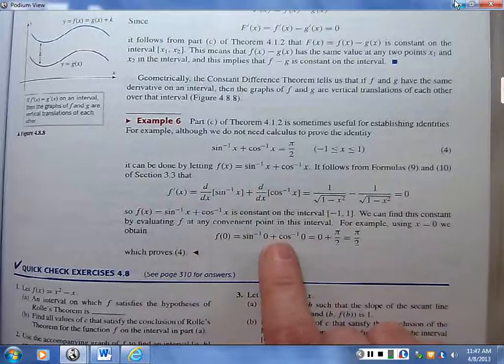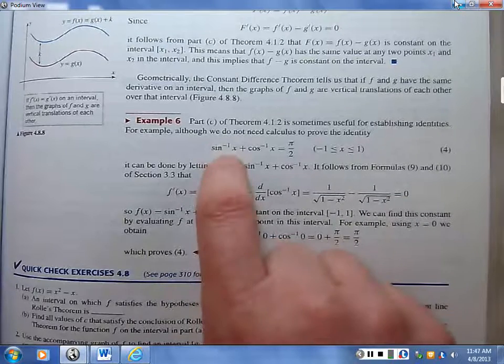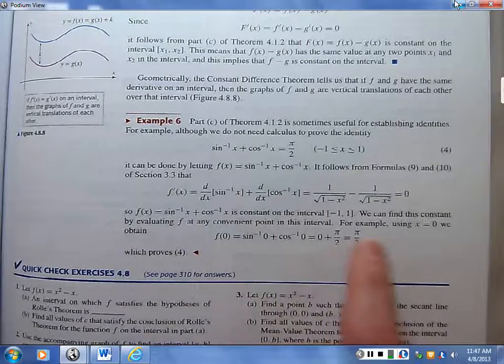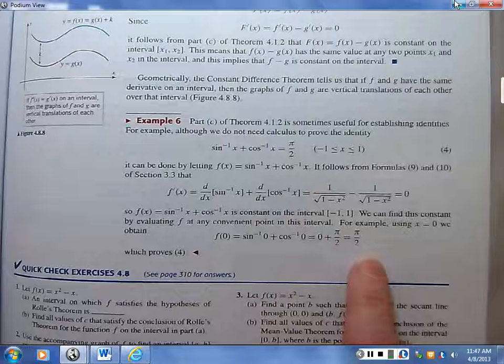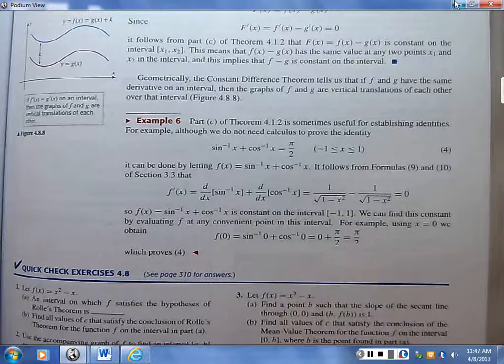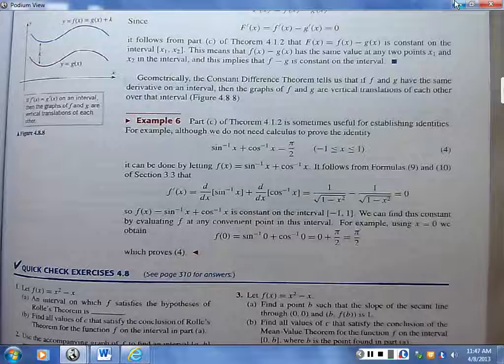So if I differentiate this function, it's only off by a constant, pi over 2. So the derivatives are equal to each other, so you can use this theorem to prove this identity.